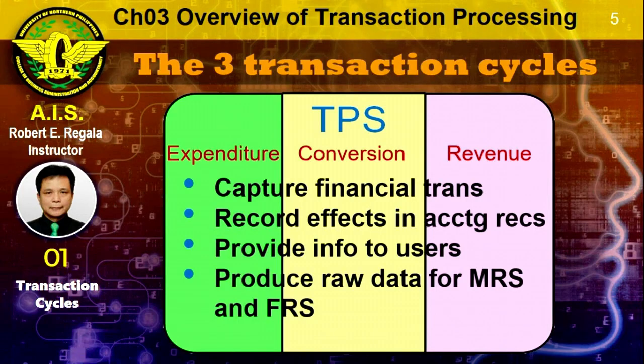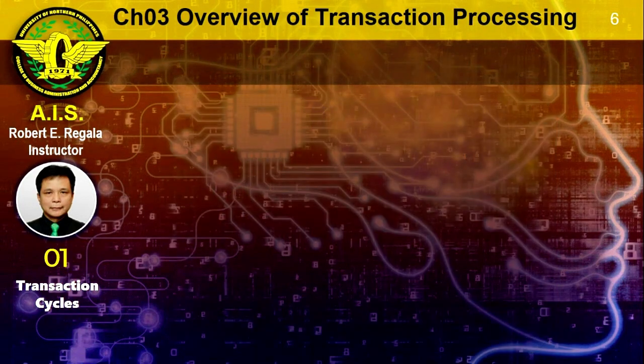In addition, transaction cycles produce much of the raw data from which management reports and financial statements are derived. Because of their financial impact on the firm, transaction cycles command much of the accountant's professional attention. The succeeding diagram shows the relationship of these cycles and the resources flowing among them.